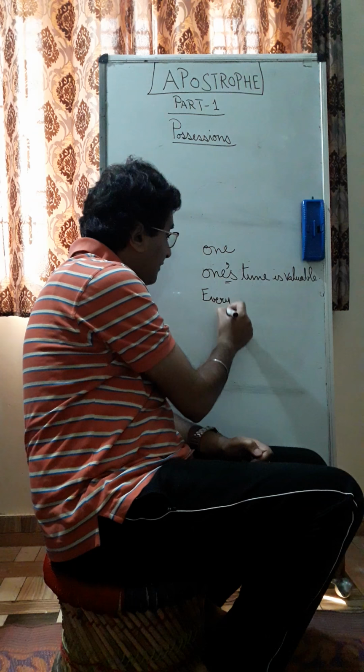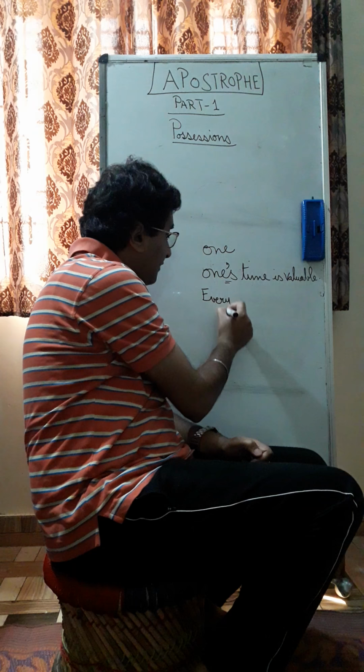Now, let's suppose there are two people. The typical example, Ram and Shyam, two brothers, and two brothers have a mother. They are not stepbrothers, so they will have the same mother. Yes? Okay, so how does it go? Let's suppose we are talking about Ram and Shyam's mother.